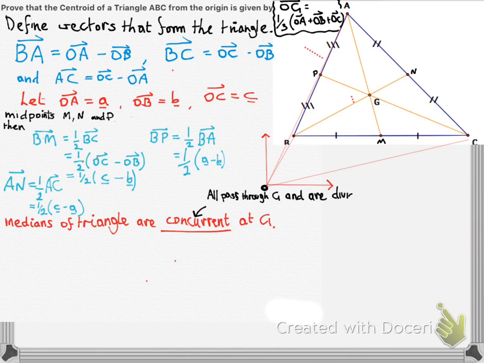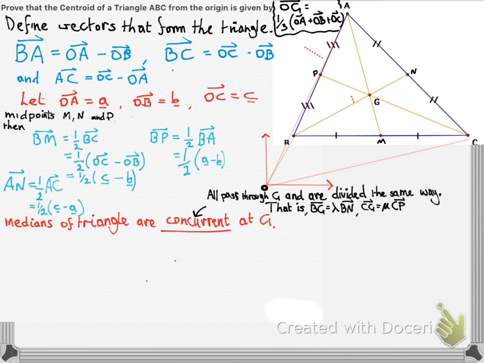They all pass through G and are divided the same way. So that is, looking at the first one, B to G, starting at vertice B and going to G, well, that line segment there, that's just some fraction of B to N.